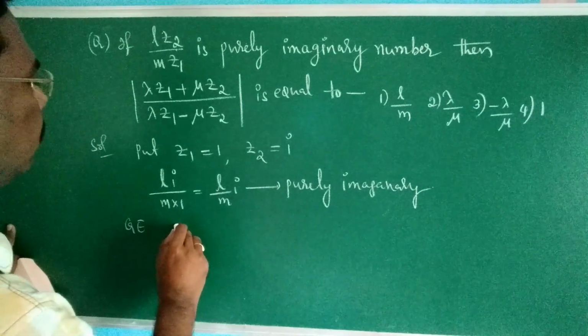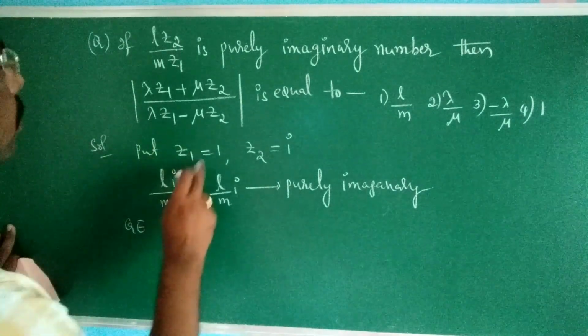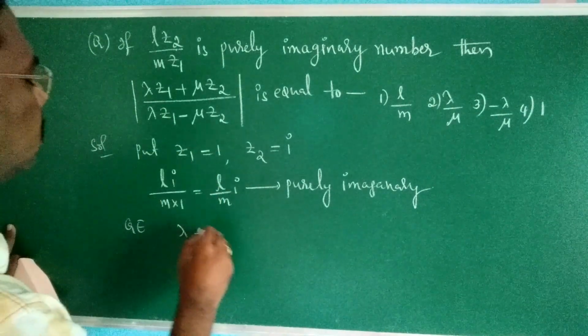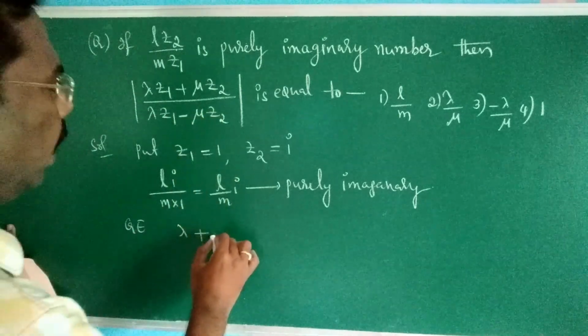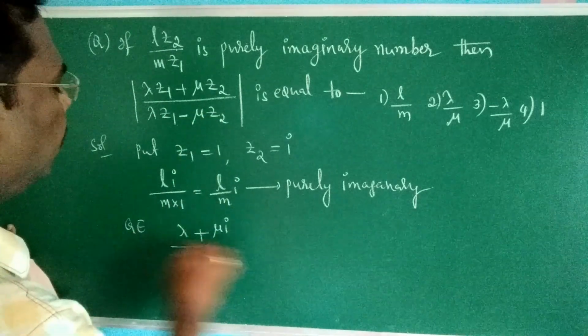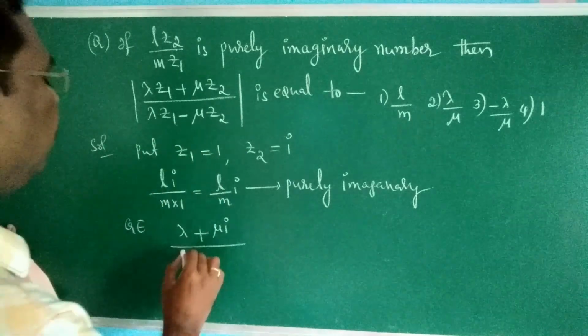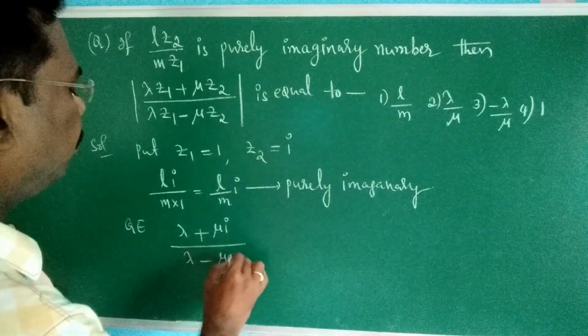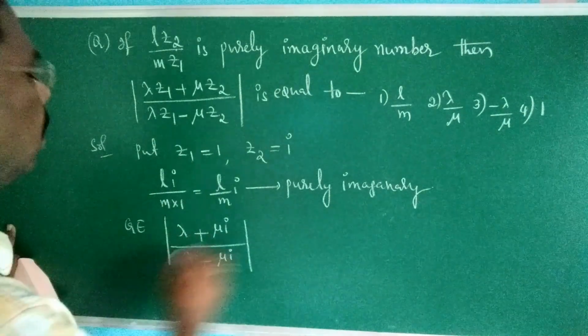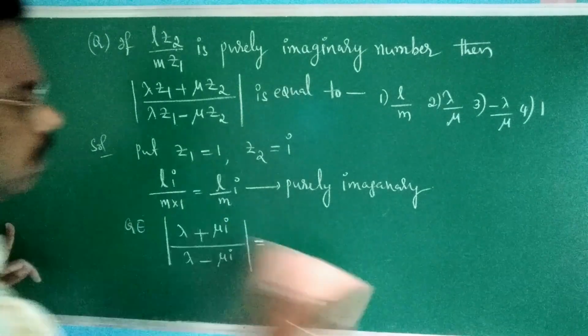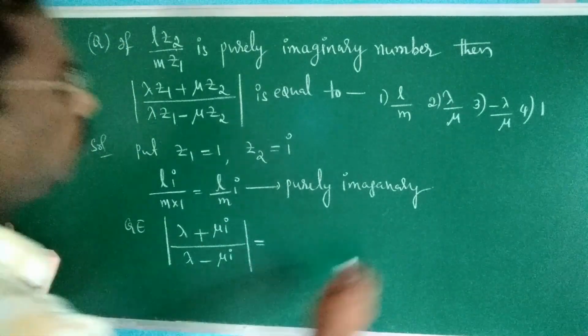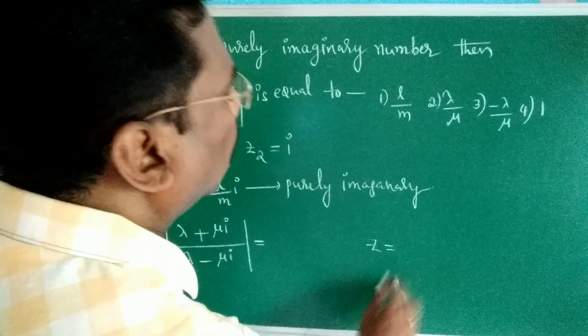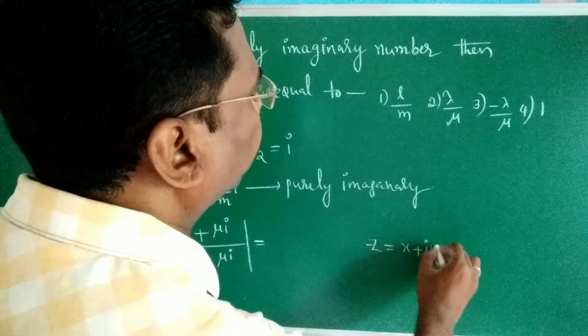Now with the same values of Z1 and Z2, substitute into the given expression. Lambda into Z1 value 1, lambda plus mu i by lambda minus mu i. Now Z is a complex number, Z equal to x plus iy.